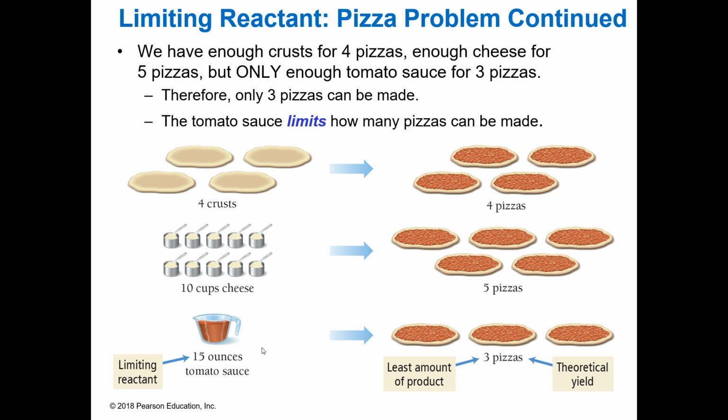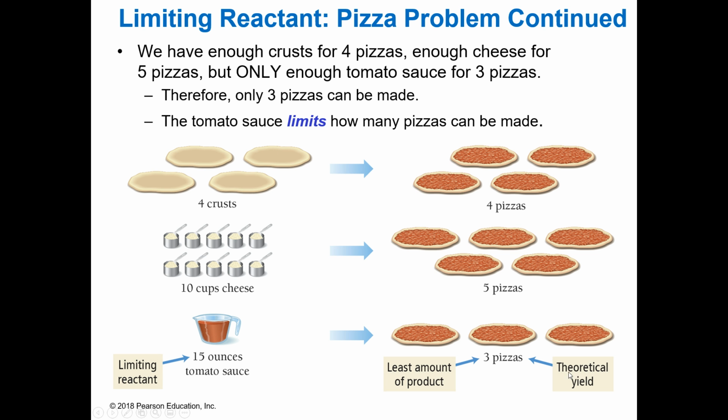So using this same analogy, we can take that into our normal reactions and do like we've just done with the stoichiometry. Okay, one thing I want to talk about is this word, theoretical yield. So yes, the tomato sauce is my limiting reactant, and it tells me how much product I can form.